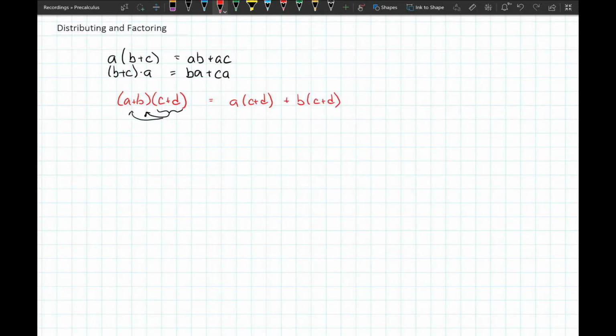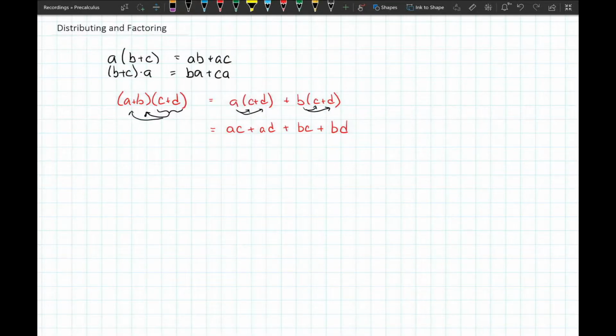From here, I can then use the distributive property from the left, and I can use that property twice. That gives me AC plus AD plus BC plus BD. So in the end, you end up with 4 terms, because when you distribute across a binomial, you get 2 terms, and we're distributing twice.